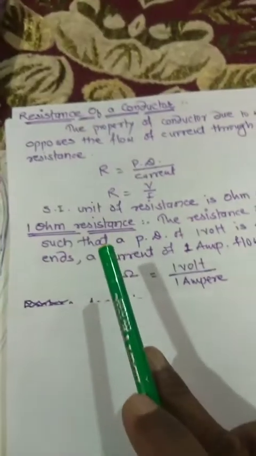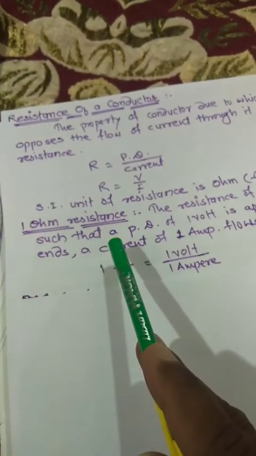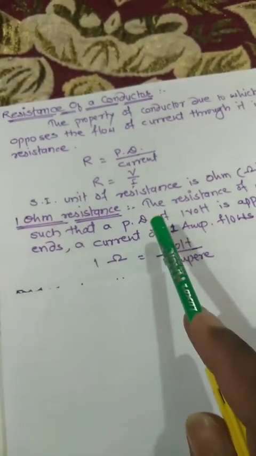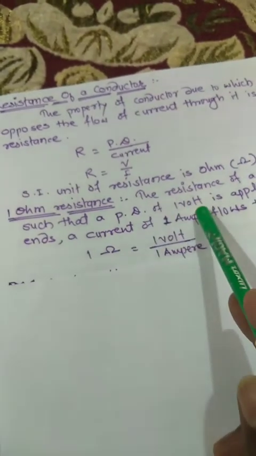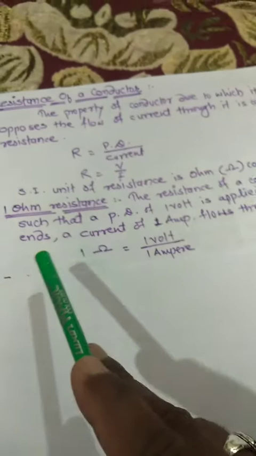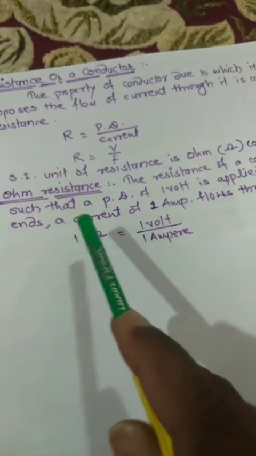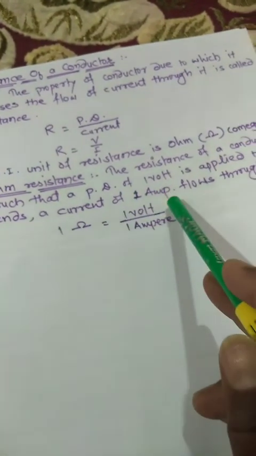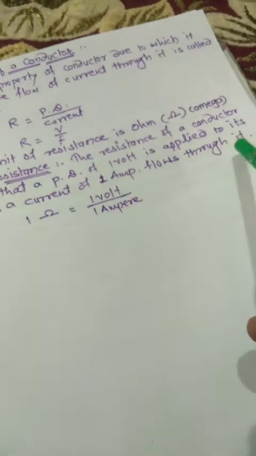How to write the definition of 1 ohm? The resistance of a conductor is 1 ohm if a potential difference of 1 volt applied to its ends makes a current of 1 ampere flow through it.